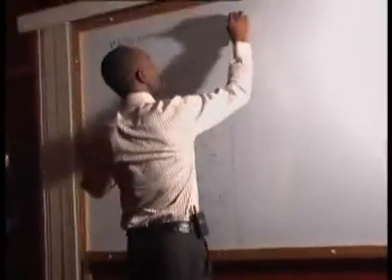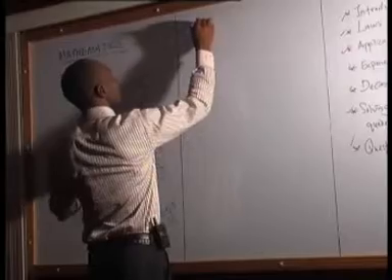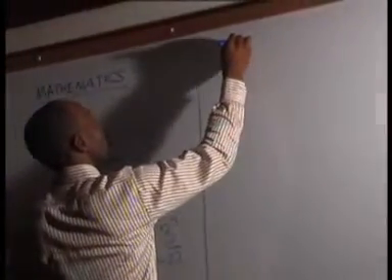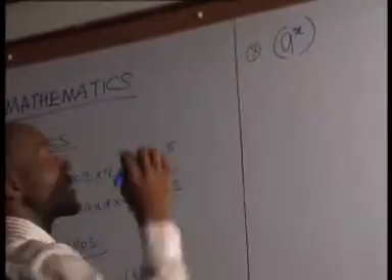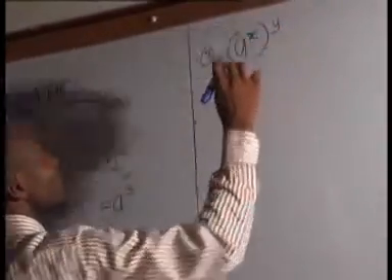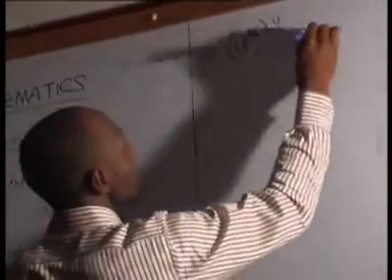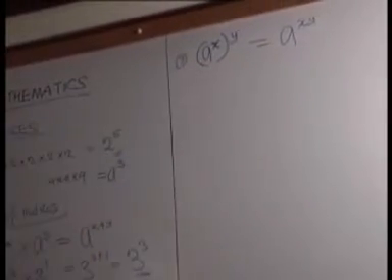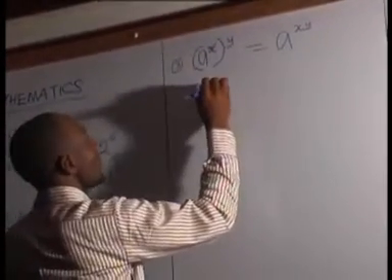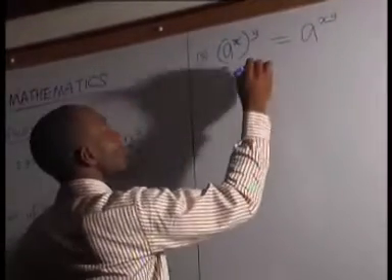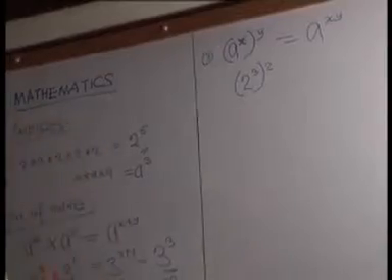The third law we'll be looking at. If you have a raised to power x, all in a bracket, then you now have y outside of it. It's the same thing as saying a raised to power x times y. Are we there? Yes. For example, you have 2 raised to power 3. You now say everything raised to power 2.